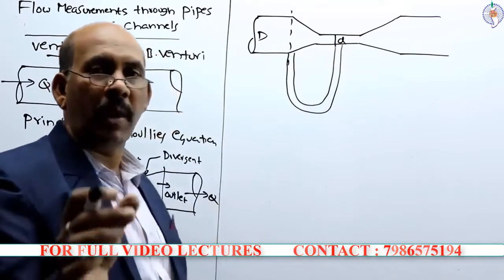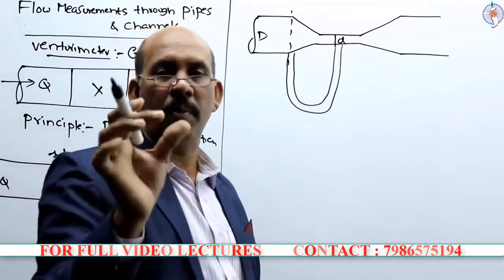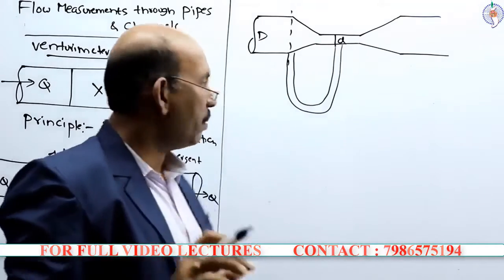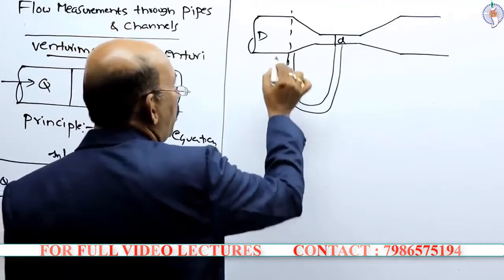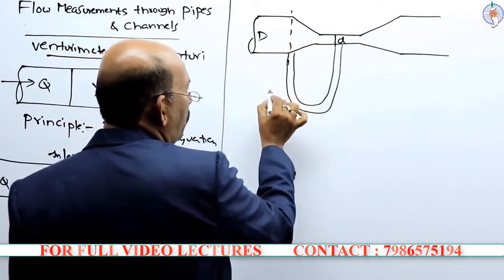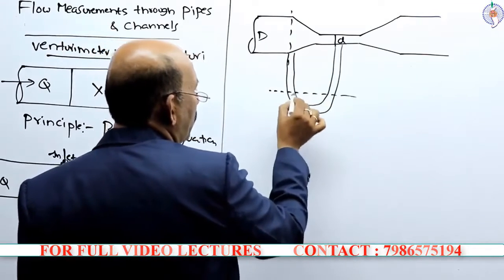This is the manometer, a device used for measuring the pressure difference between two points. Before the flow, this manometric liquid is here.